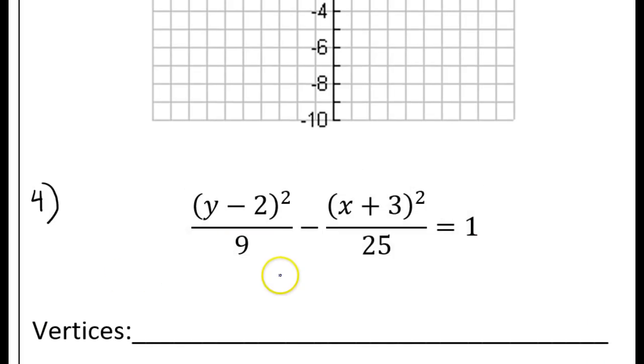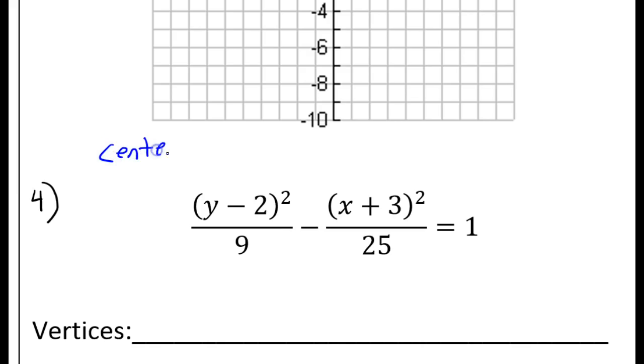For number 4, we are given the standard form equation of a hyperbola. I know this is a hyperbola because it has the minus sign in the middle. So the center of the hyperbola is going to be opposite of these two numbers. I just have to be careful about the order.